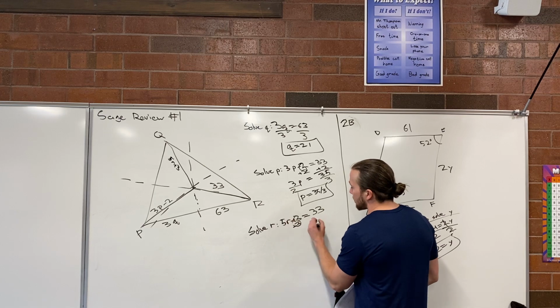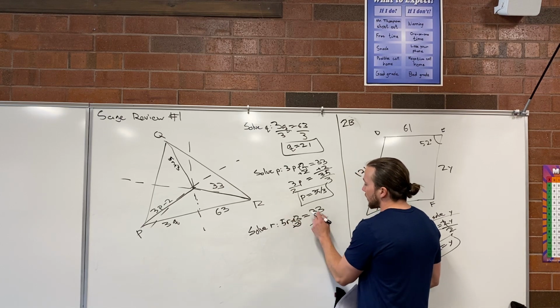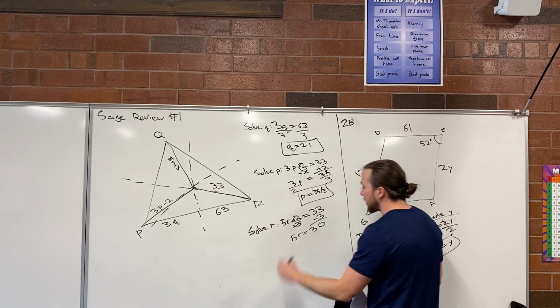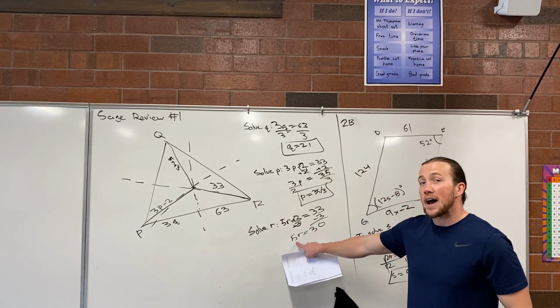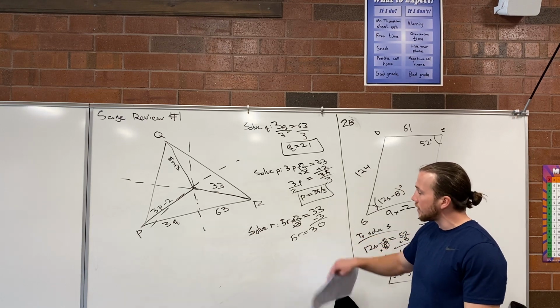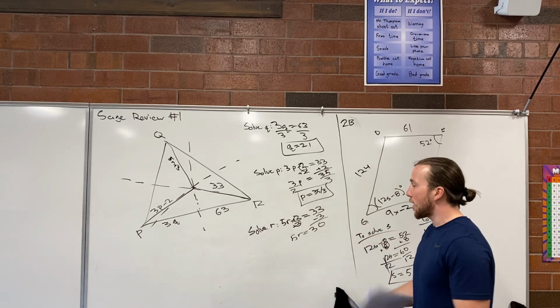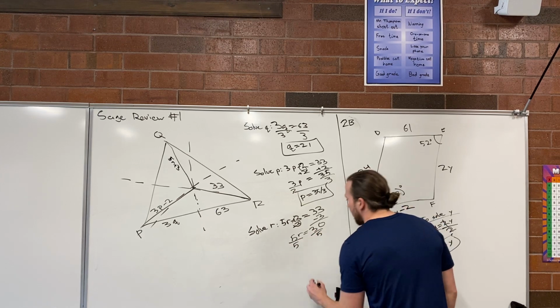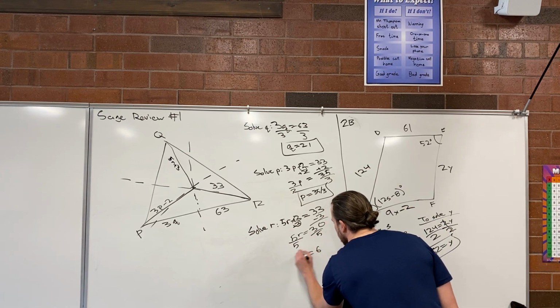We add the opposite, minus 3. 33 minus 3 is 30, so 5r equals 30. And now we divide both sides by 5. That's how we get r by itself, because we read this as 5 times r equals 30. The opposite of multiplying is division, so divide by 5. And I've got r equals 6.